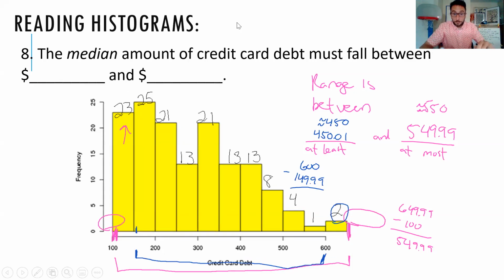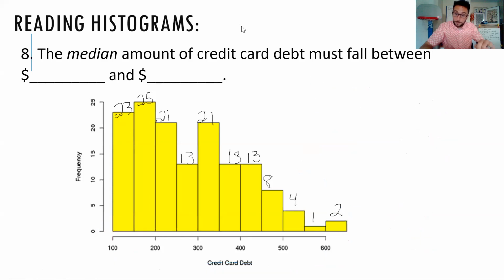The median. So the median, again, we cannot give the exact median because we don't have the exact data values. So as we think about the median, I'm pretty sure we all know the median is the middle data value, the middle amount of credit card debt, the middle number.